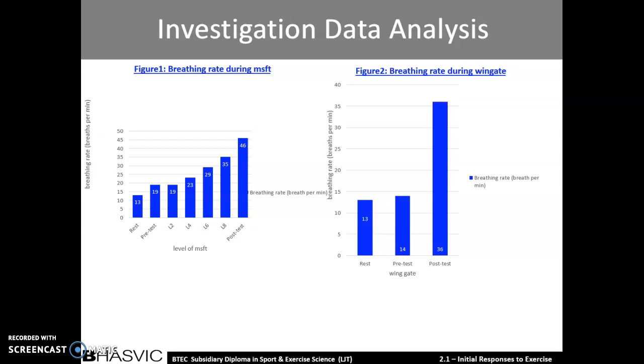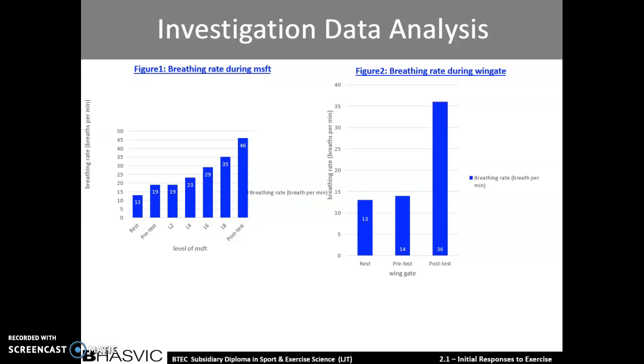However, in the Wingate test, they showed no major anticipatory rise, as they only went from 13 to 14 in rest to pre-test. However, post-test, they went from 13 to 36, which is a big rise for only a short amount of time.